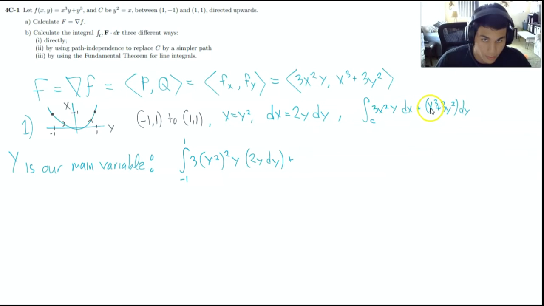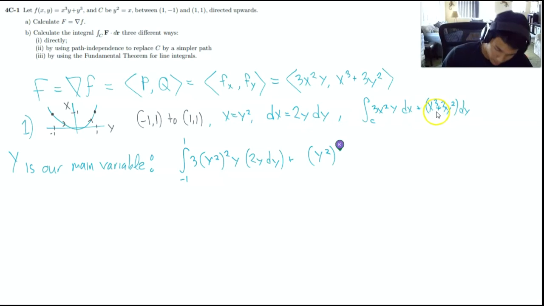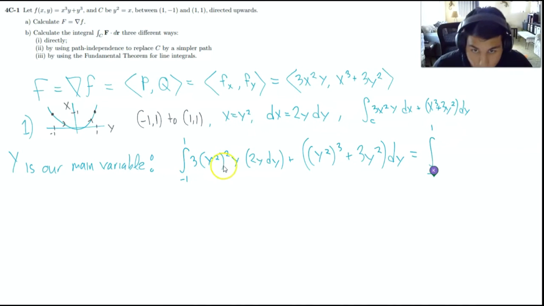Okay, and then all of that, well, oh, x cubed. Well, that's x, so this will become y squared cubed plus 3y squared dy. Of course, we are going to simplify this. Okay, y squared squared, y to the power 4, and we have a y here, so that's y to the power 6, times 6, 3 and 2.